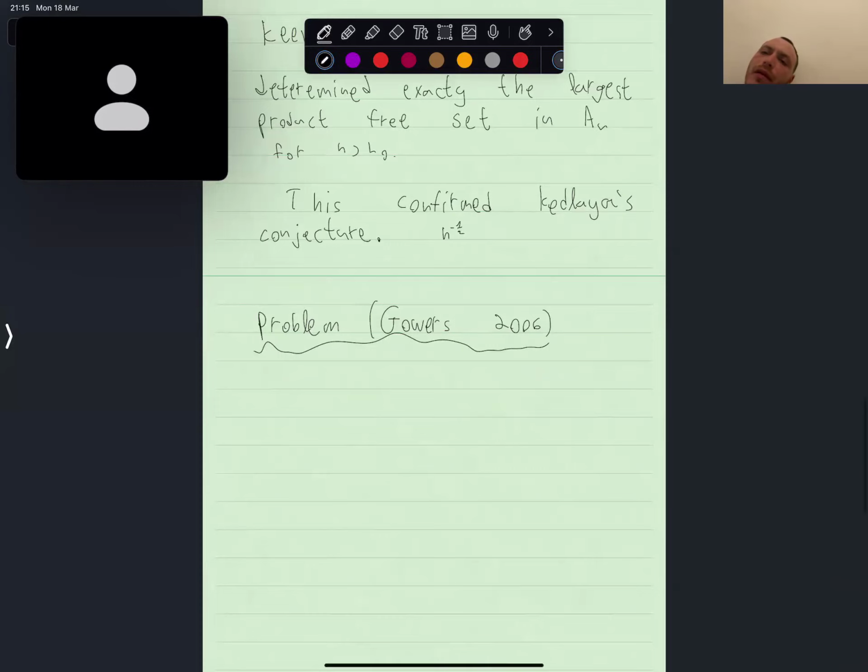So now it's basically the same thing. Now G is a compact group.